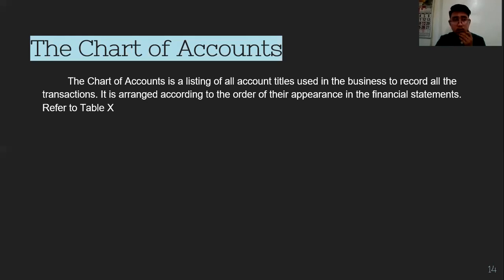Ibig sabihin, chronologically siya. Kung sino yung nauna, yun yung unang gagawin natin. For example, nangyari siya noong March 1, March 2, March 3, March 4. So pag nag-arrange tayo, dapat mauna yung March 1, 2, 3, and 4 at pasunod-sunod.